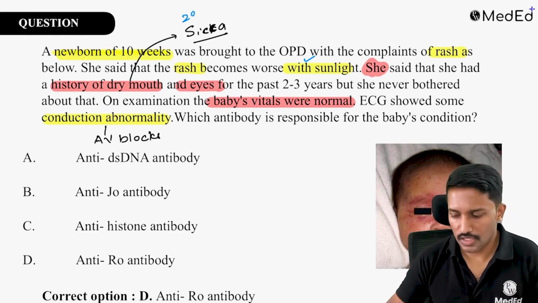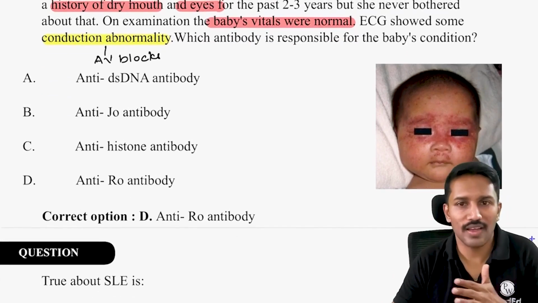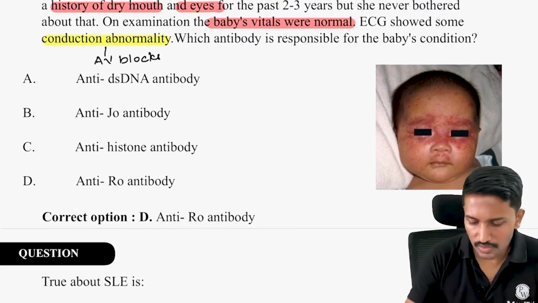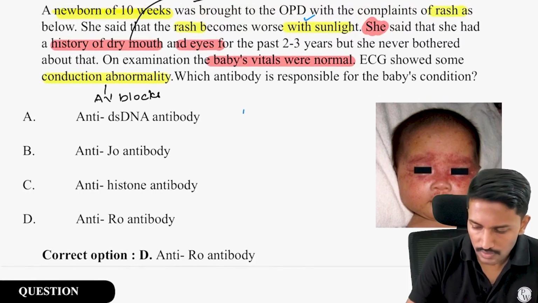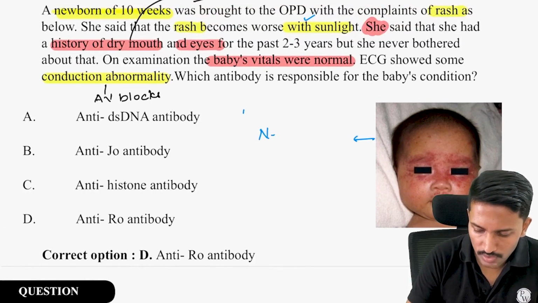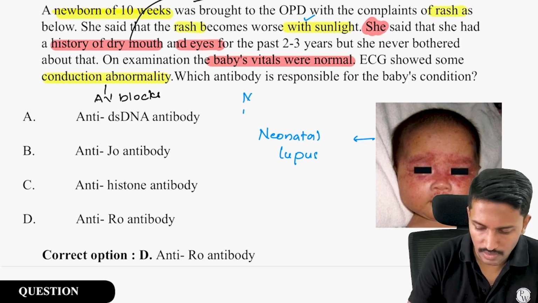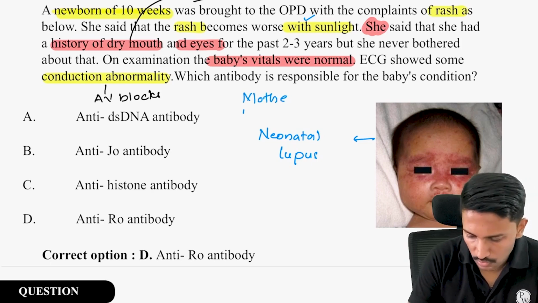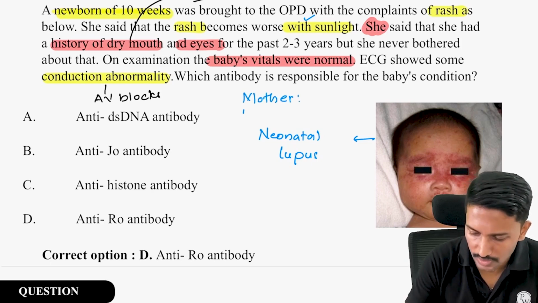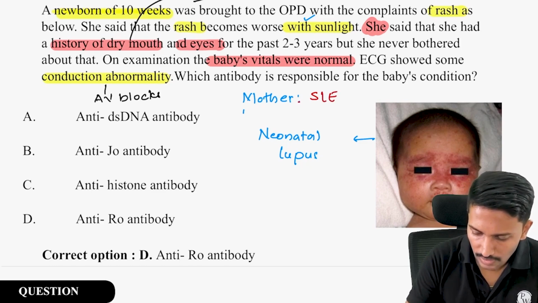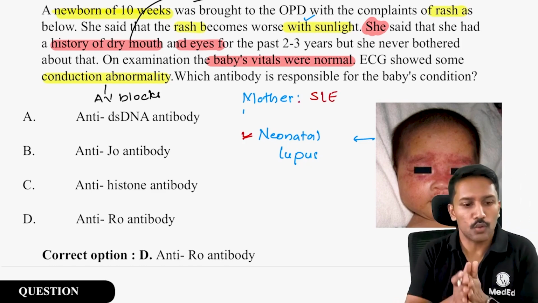And then she has given birth to a baby who also has a rash. Now this makes me think that this baby is probably suffering from neonatal lupus, because the mother's history is consistent with lupus nephritis. The diagnosis is systemic lupus erythematosus. So for me, the mother's diagnosis would be SLE and the baby's diagnosis would be neonatal lupus.